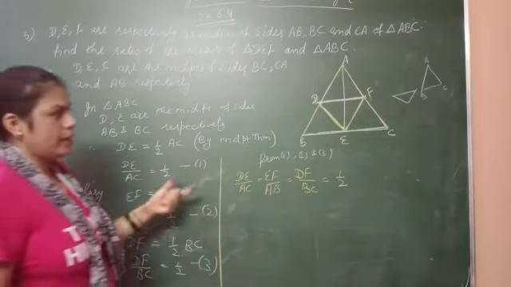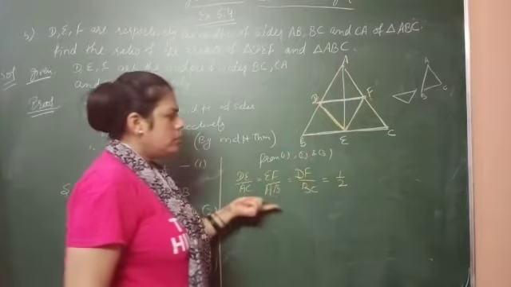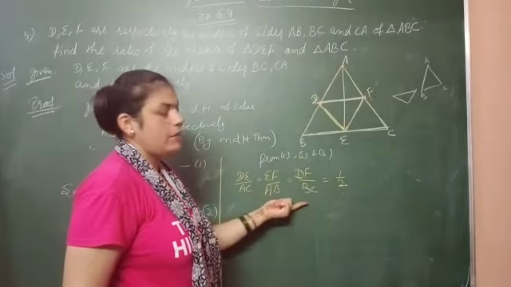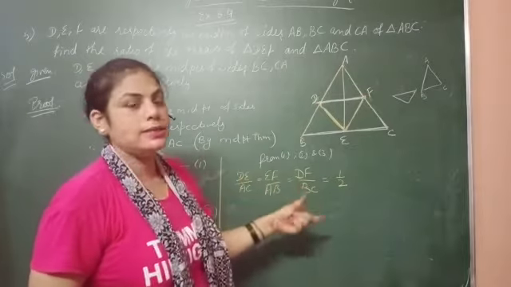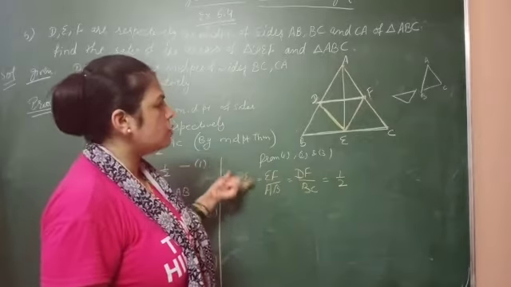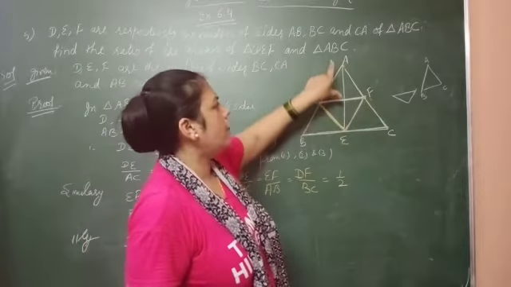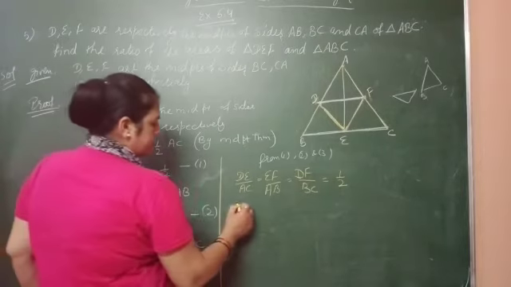So in triangles ABC and DEF, all corresponding sides have the same ratio. Clear? That means they are in the same proportion. So triangle DEF and triangle ABC are said to be similar.